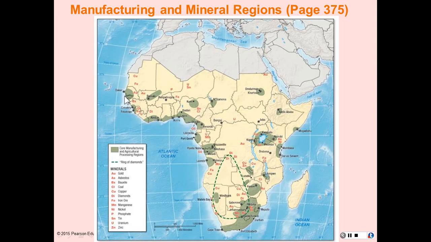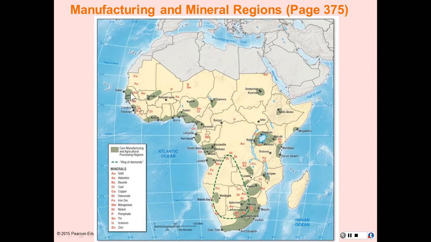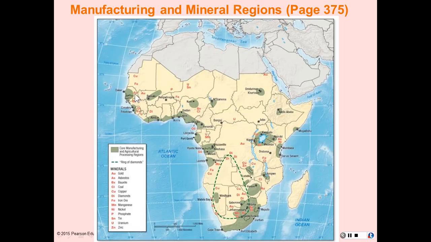These are the primate cities on the coast that support the activities of resource extraction and farming on the interiors. We have a core manufacturing and agricultural region in South Africa, very important and strong agriculture in this region.